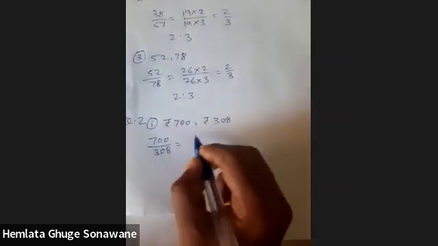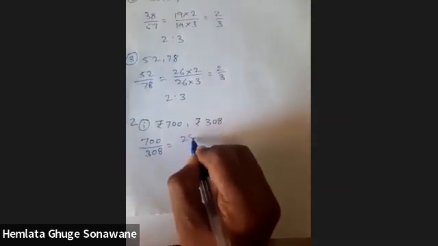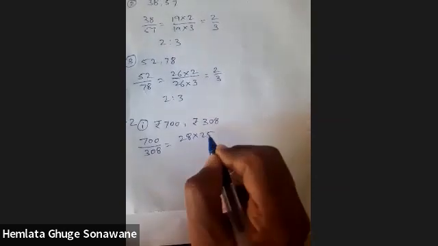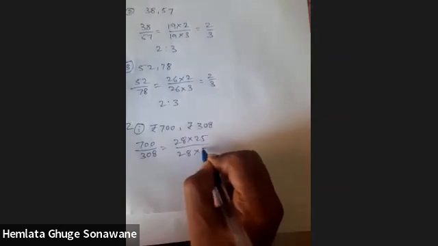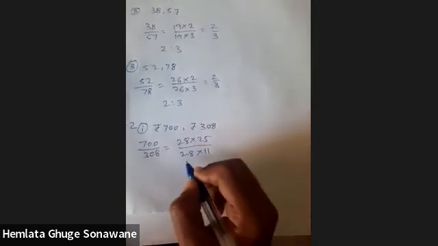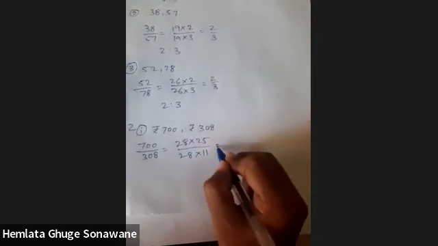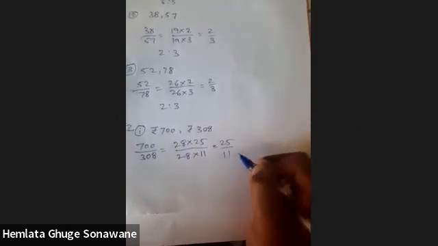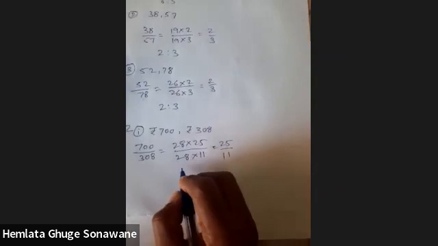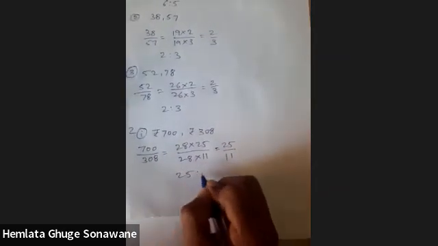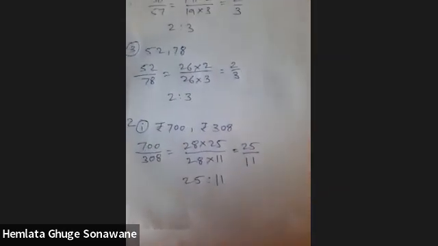Okay, so we'll simplify this. 28 into 25 is 700 and 28 into 11 is 308. So it becomes 25 upon 11. That is, the reduced form of rupees 700 and rupees 308 is 25 as to 11.